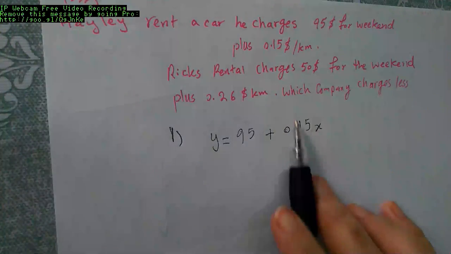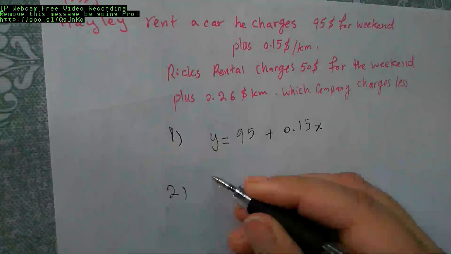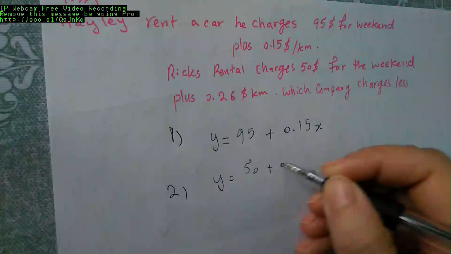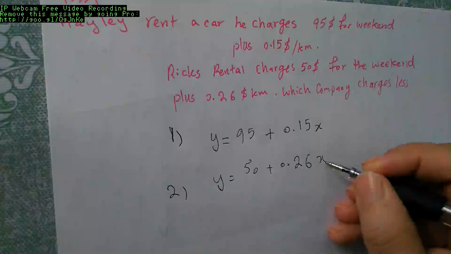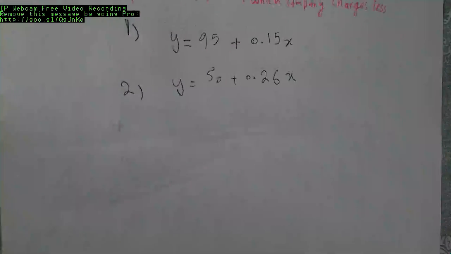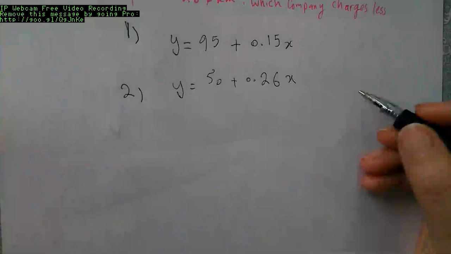The more kilometers you go, the more you have to pay. For the second one, y is equal to $50 fixed plus 0.26x. First of all, I need to find the point of intersection where these two meet, and then I'm going to graph it for you to see.